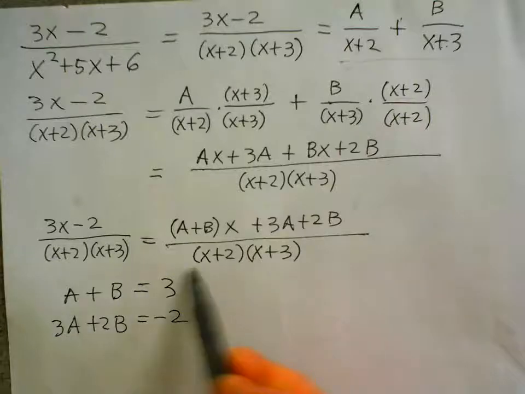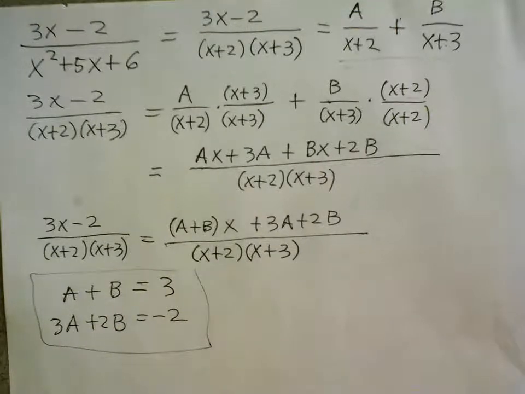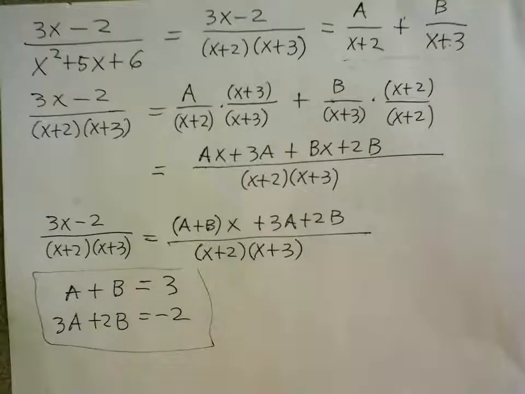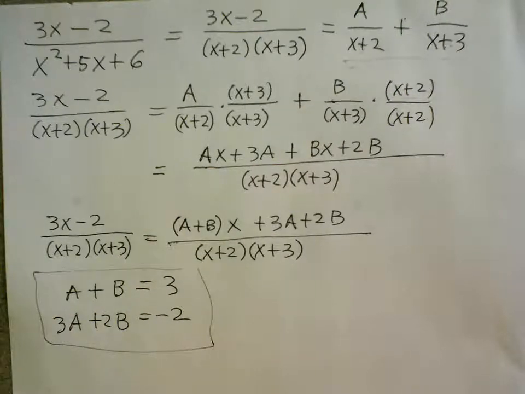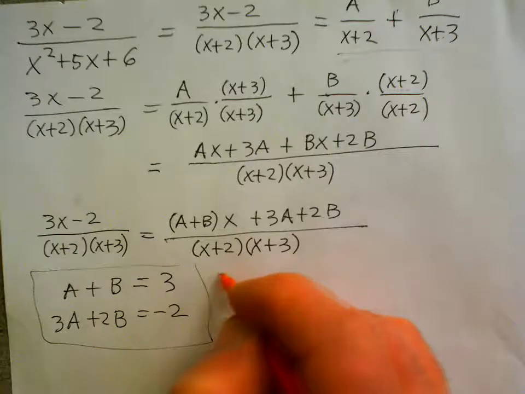Now we have a system of two linear equations in two variables a and b. So this is something that you learned in intermediate algebra, how to solve a system of two linear equations. There's a number of ways to do it. We can solve it by substitution, or we can solve it using the addition method. I think what I'll do is apply the addition method.